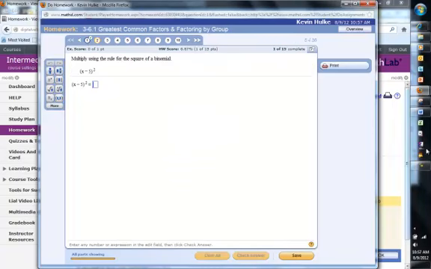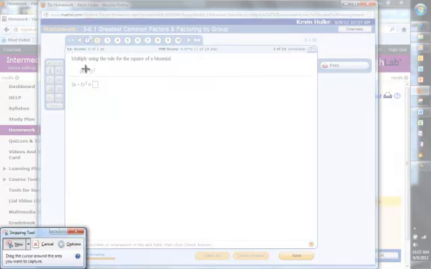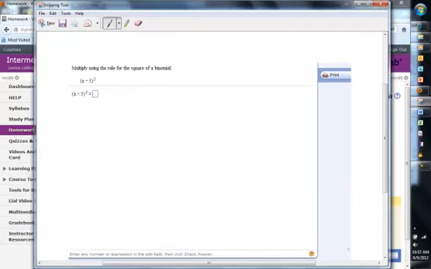Question 2, multiply. So we've got a little bit of review first. Multiply using the rule for the square of a binomial. The square of a binomial is the first term squared, the last term squared. Notice it's plus regardless because anytime you take a negative times a negative, you also get a positive.